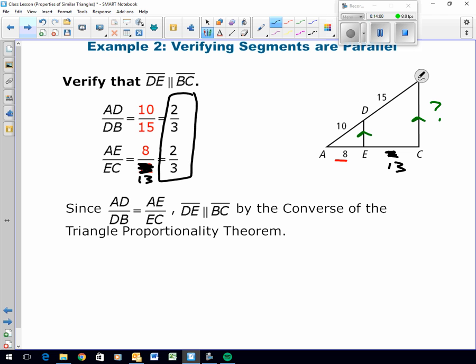So 2/3 would no longer be that particular ratio. Would that mean that the sides are no longer proportional? Yes. Would that mean that the lines are no longer parallel? Yes, it would. Got to be exact and precise.